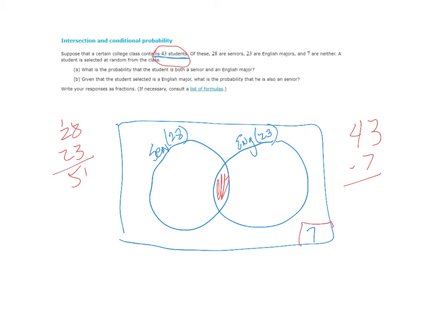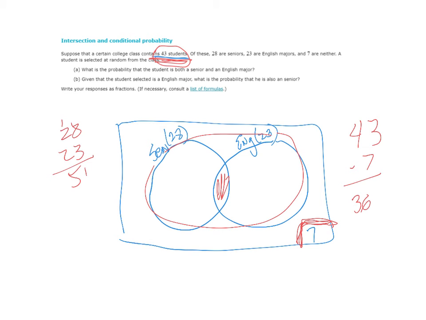So let me subtract them out. That's 36. That leaves 36 students that should be in these circles, right? I got 43 students total. 7 of them are neither English majors or seniors. So that should leave 36 students to be in these 2 circles.